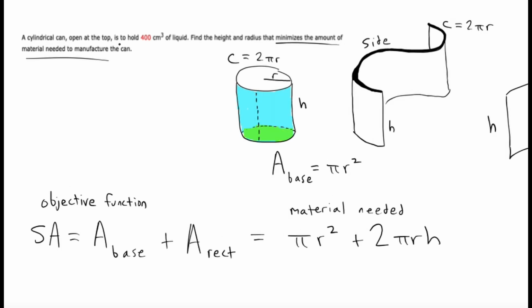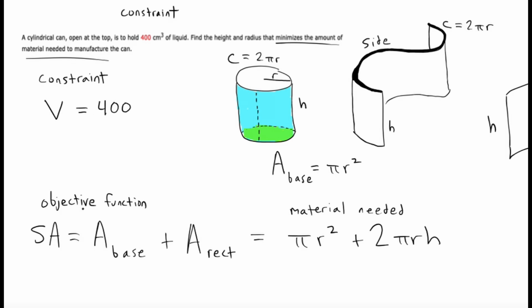They also tell us that our cylinder needs to hold a volume of 400 cubic centimeters of liquid. That right there is a constraint equation that they're describing. So we should write that down as well. We need the volume to be 400.